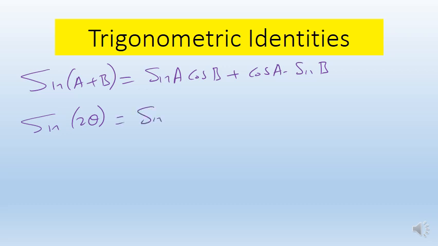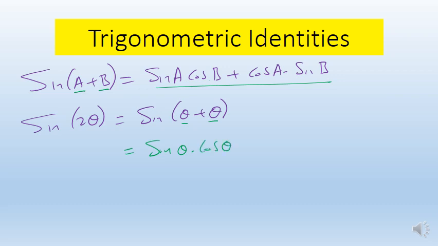Well, sine of 2 theta is nothing more than theta plus theta. So if I compare what I've written here, theta plus theta, so a is theta and b is theta. So if we expand that out, sine of a would be sine of theta, cos of b would be cos of theta, because b is theta. Cos of a, cos of theta, sine of b, sine of theta.